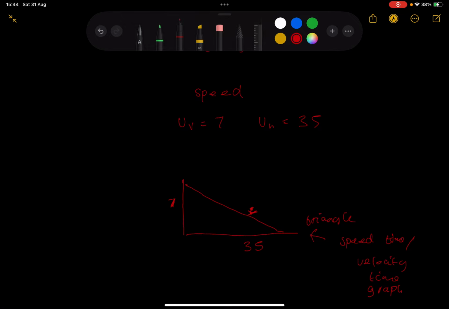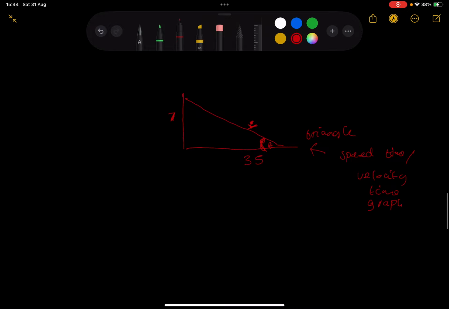Now we put these values here since we also want to find the angle at which it's projected. We know it's projected horizontally and with 7 meters per second vertically. So the speed squared equals the horizontal component squared plus 7 squared.